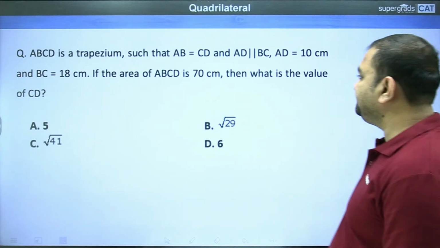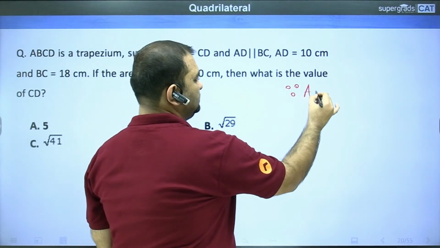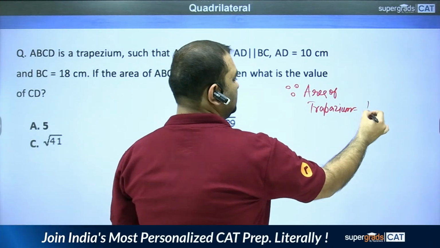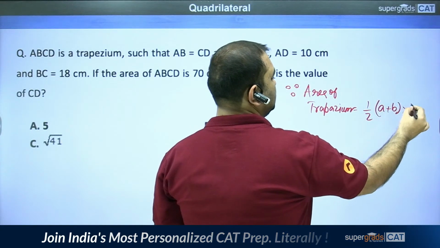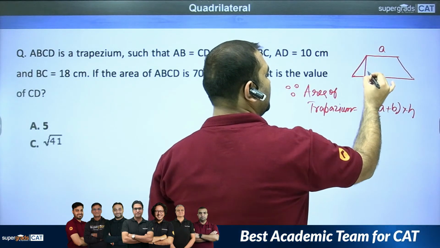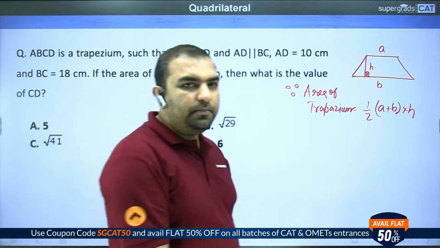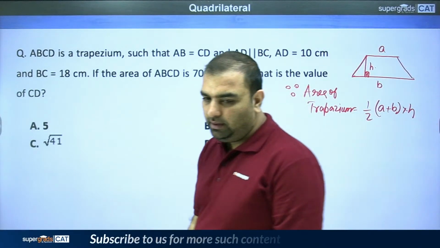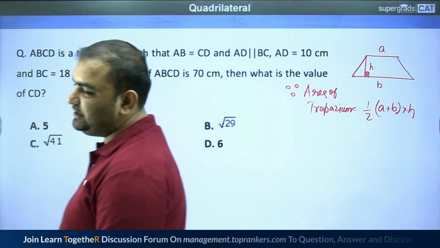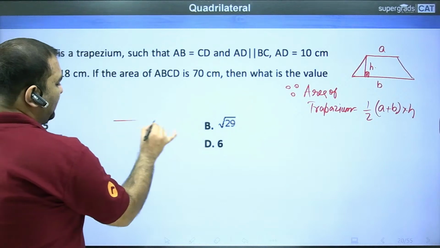One more trapezium. In a trapezium, when the parallel sides are A and B, and the distance between the parallel sides is H, then the area of the trapezium is half into A plus B into H. AD is parallel to BC.